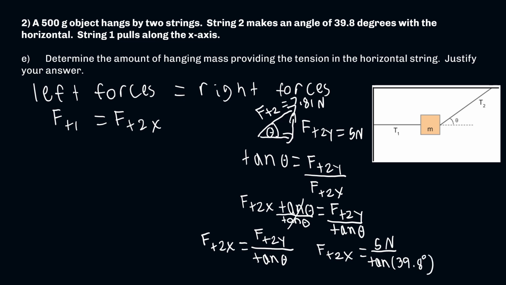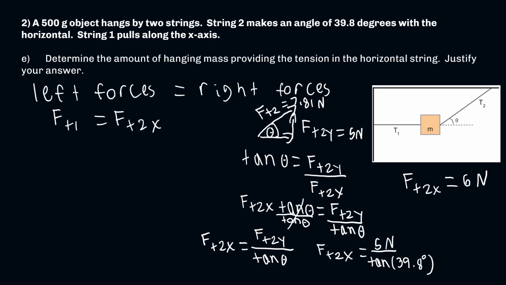I just plug this into your calculator and we'll get our tension, and then in turn we're going to get our mass directly afterwards. So plug this in, 5 over tan of 39.8. That's going to give us 6 newtons. If you plug this in correctly, you should get 6 newtons here.